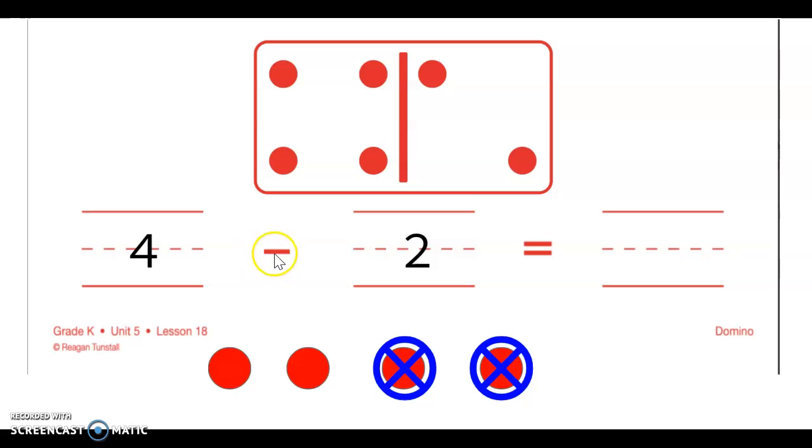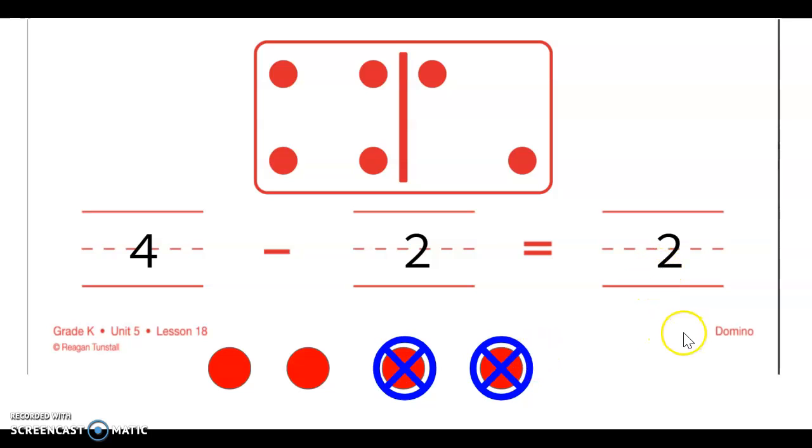Because minus means to subtract, and subtract means to take away. Or you could say minus means to take away. Now that I've taken away 2, how many counters do I have left? 2. Good job. So my number sentence says 4 minus 2 equals 2.